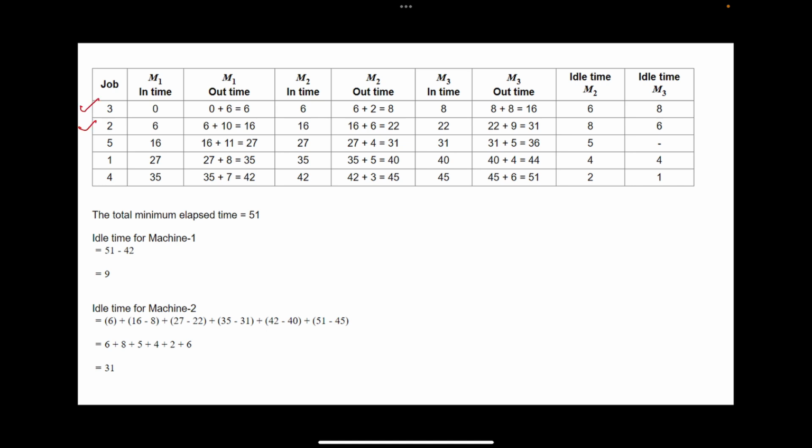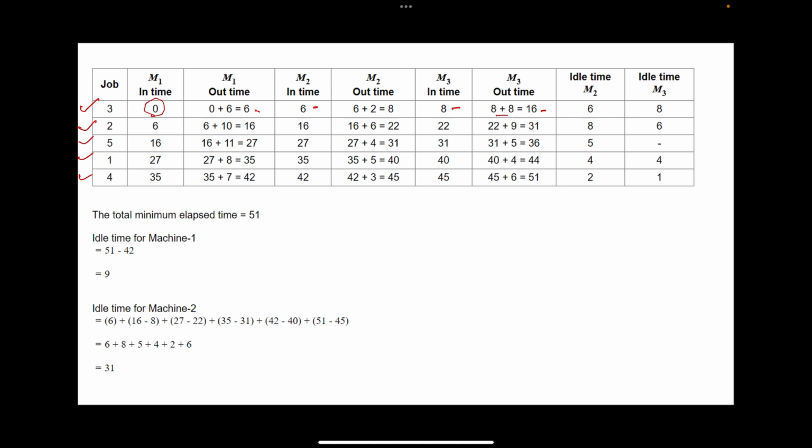For all these jobs, each first goes through machine 1, then 2 and then 3. So the first job will enter at the 0th time. The processing time is 6. After 6 it will enter machine 2 and it will take 2 more, that is 8. Then 8 plus 8 is 16.